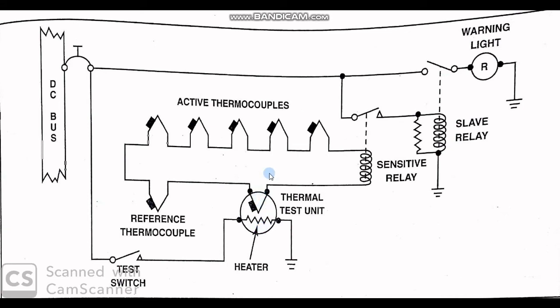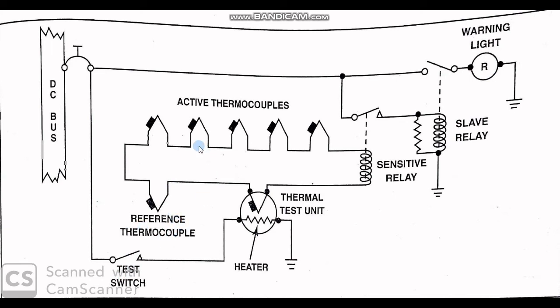It gives an electrical signal that makes the sensitive relay close the switch, and the slave relay will close another switch and give us a warning light that indicates the system is working in a satisfactory manner. This is when we make a test for our system.